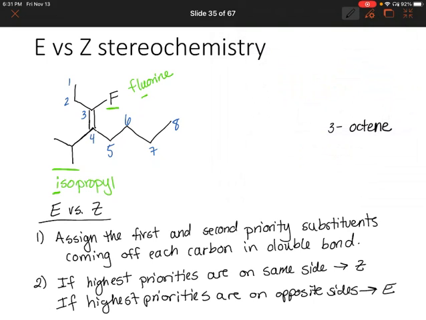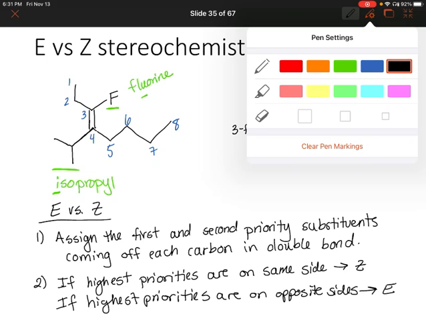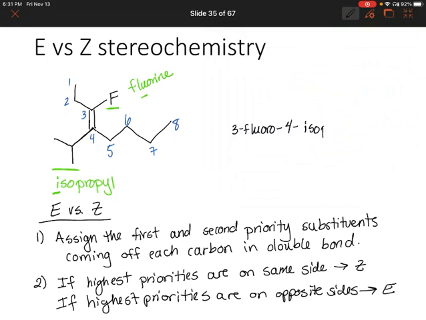All right, so we would name that as 3-fluoro because it's at position 3. Dash, and then isopropyl is at position 4. I might not have enough room, so I'll rewrite the end of the molecule here. All right, so far we have 3-fluoro, 4-isopropyl, 3-octene. And now we have to designate whether this is E or Z.